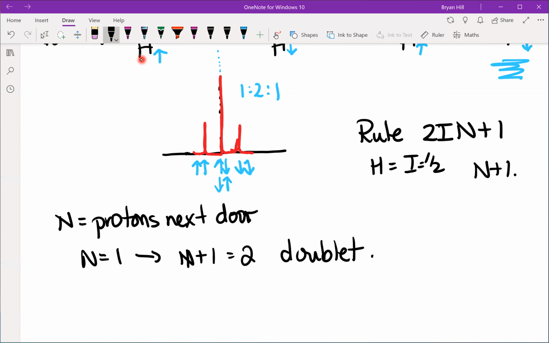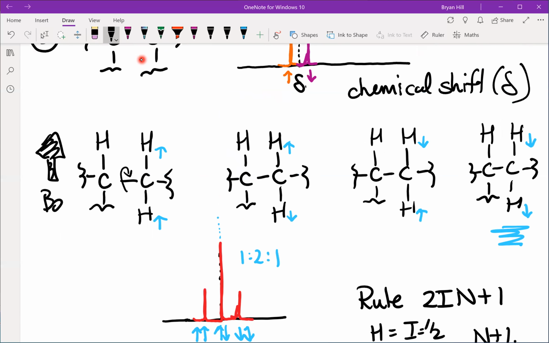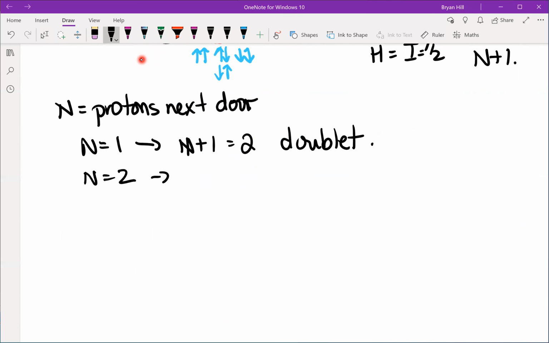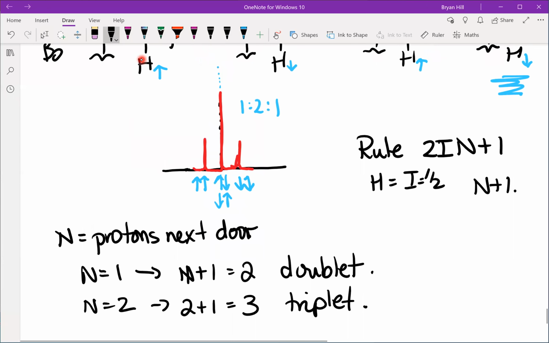When you've got two protons next door, as in this case right here, 2 plus 1 equals 3, which is a triplet, which is what we've got here.